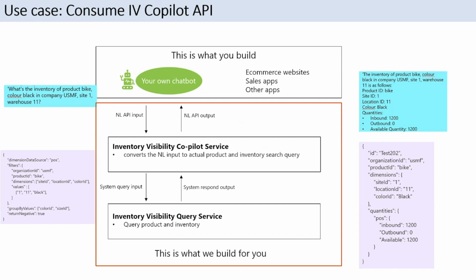So we will extract and parse the question into a JSON format, and then call the search API for the product search service or inventory availability service, then get the results on the right side. It's another JSON, and we will parse and format it as a natural language-based result and render it to the UI.